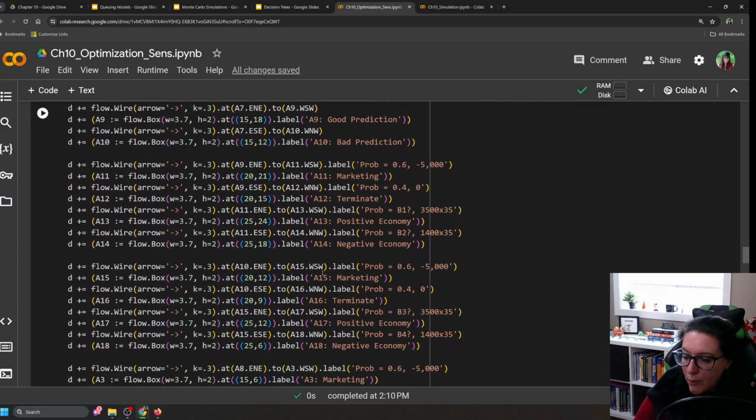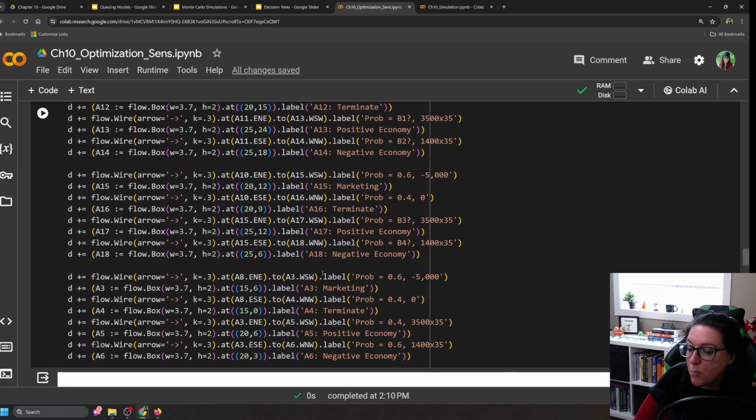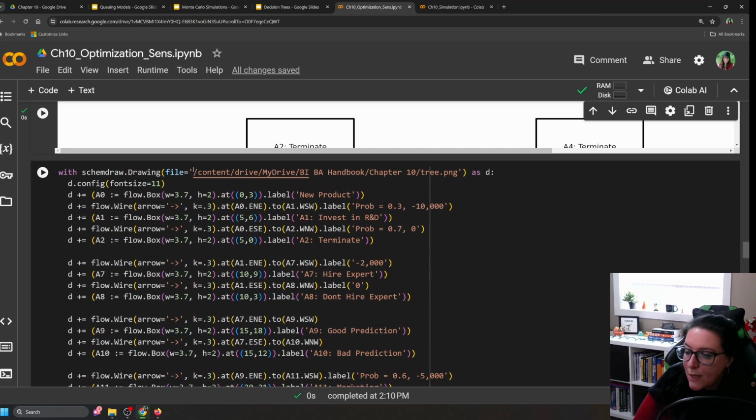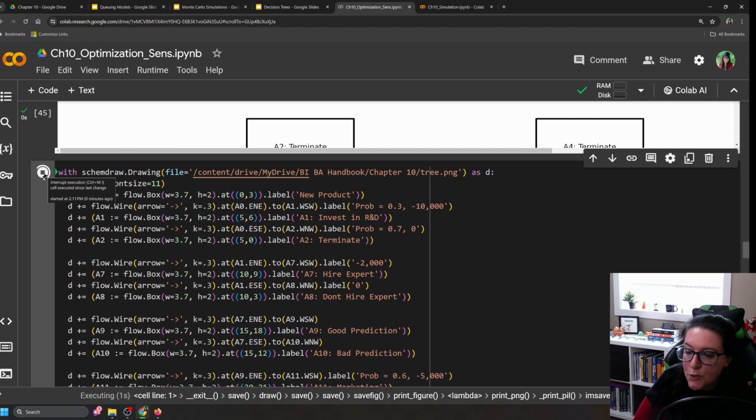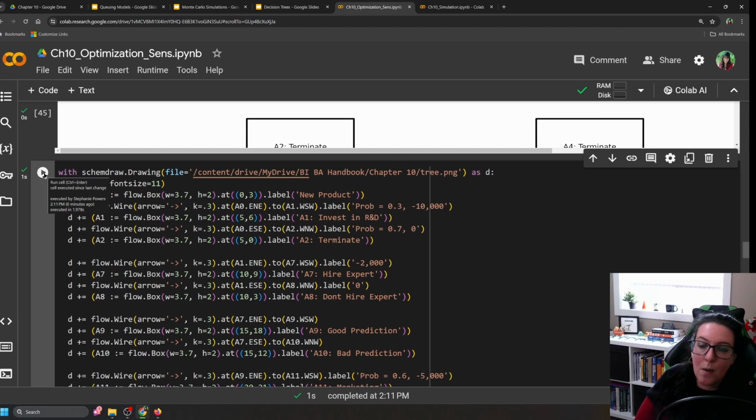The addition I'm showing you here, besides the fact that we just got a much more complicated decision tree, is that you can have it output it. And so I'm telling it where to go. This is because I've connected it to my Google Drive. So this part here is telling it to go inside the BIB handbook, inside the chapter 10 folder, and call it tree.png. So when I run this, it will show it, but it will also dump a copy into my Google Drive under the folder BIB handbook, in the folder chapter 10.